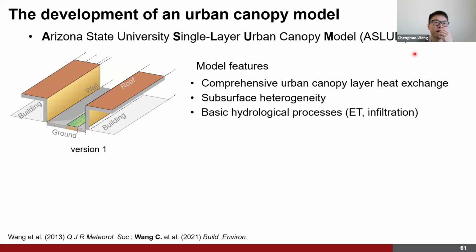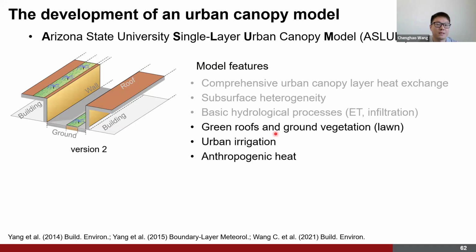This model was first developed more than 10 years ago. The first version only has some basic features, such as simulating the urban canopy layer heat exchange between different urban facets. We can also have subsurface heterogeneity, which means we can use different materials over the same surface. And we also simulate some basic hydrological processes, such as evapotranspiration and infiltration.